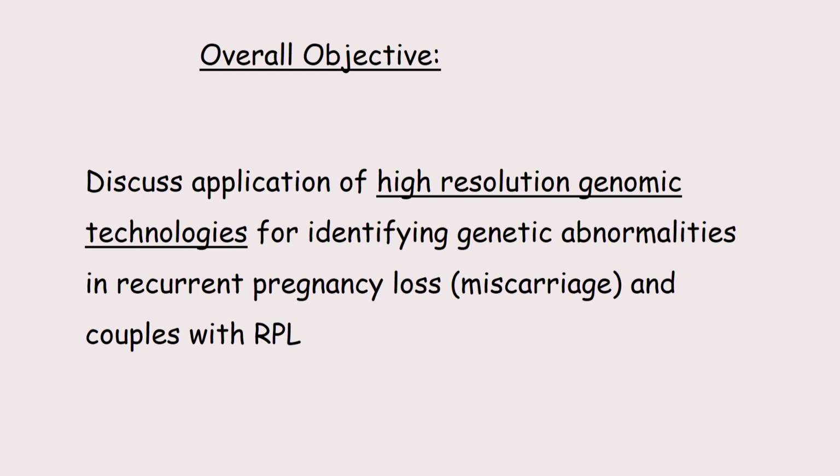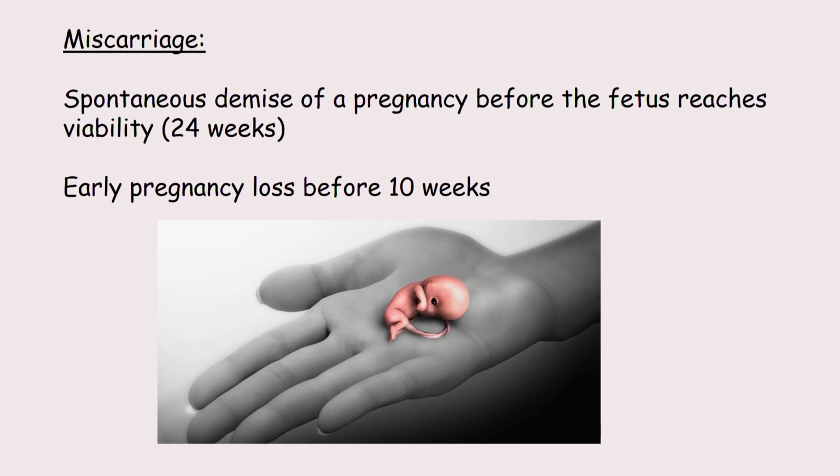So today my overall objective is to discuss the application of high-resolution genomic technologies for identifying genetic abnormalities in miscarriage and in couples with recurrent pregnancy loss. Miscarriage can be defined as a spontaneous demise of a pregnancy before the fetus reaches viability at about 24 weeks.